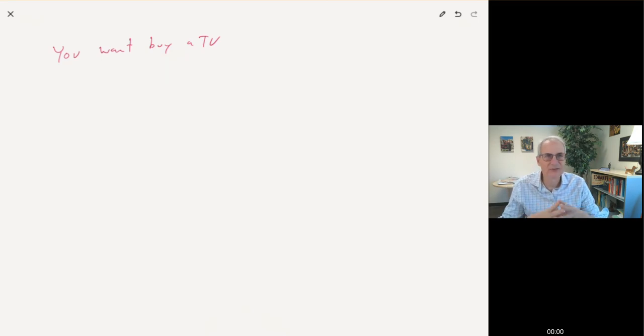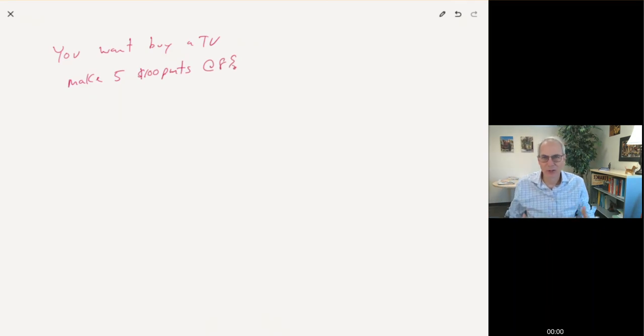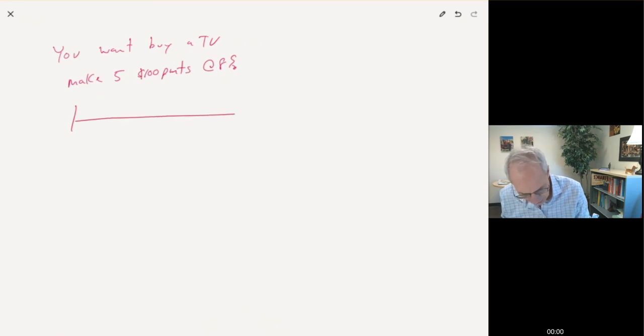They give you a price and you say, I can't afford to pay that right now. Can I make payments? So they say you can make 5 $100 payments, and they're going to charge you 8%. That 8% is already included in that $100. So here's what it looks like.